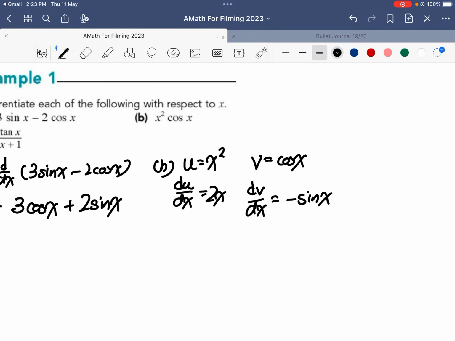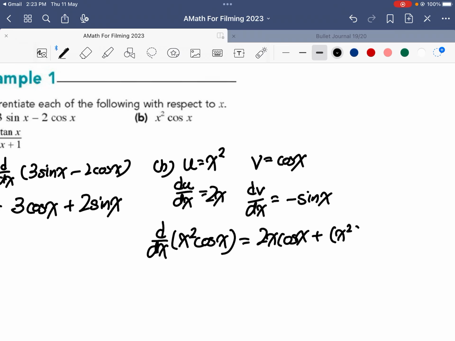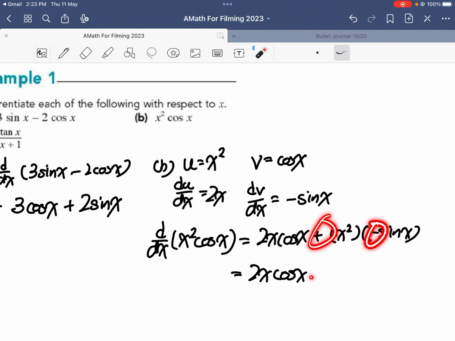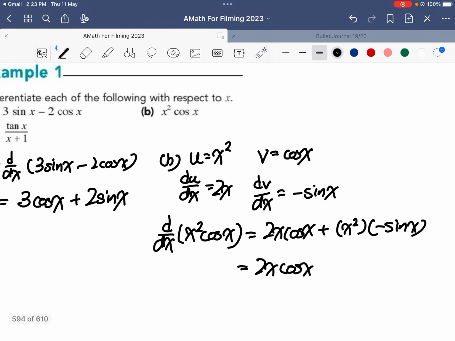So if I apply my rule, I differentiate with respect to x, x squared cosine x, v du dx, I get 2x cosine x plus u dv dx. u is x squared, dv dx is negative sine x. I just simplify everything. Positive and negative will give me negative here. So this gives me negative x squared sine x.